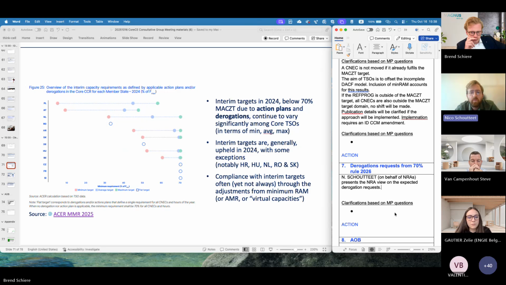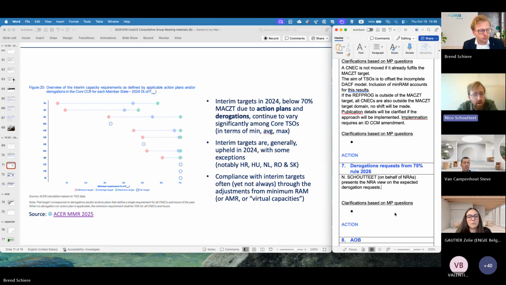We still see, despite the fact that we observe progress, despite the fact that we have in general increasing compliance numbers, we still see, if we only look at the core TSOs or at the core bidding zones, that there's a large difference with regards to what the actual targets for compliance are. So if you take 70% as a starting point, then you add to that the action plans which were still enforced in 2024.